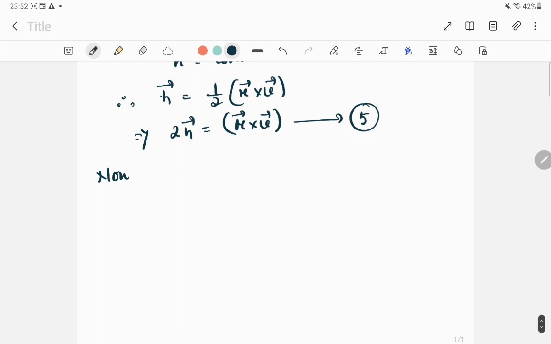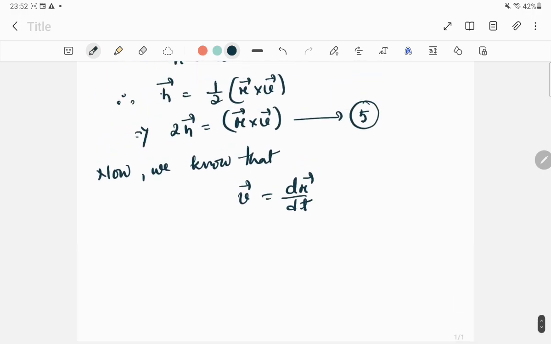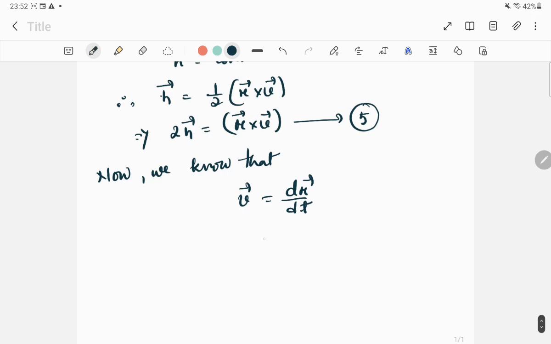Now we know that velocity is always dr vector by dt. Again, r vector can be written as r r cap, where r is simply the magnitude and r cap is the unit vector.